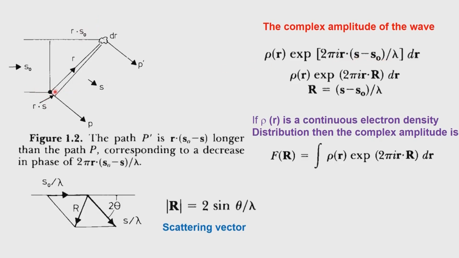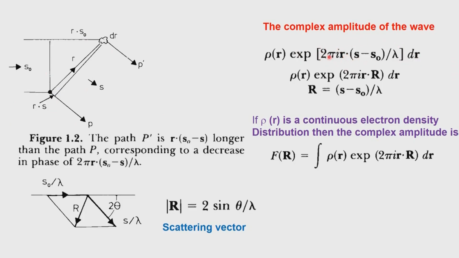So since this travels an additional distance of r dot s minus s naught, this is the additional distance. This has travelled r dot s, it goes up like that, whereas r dot s minus s naught is the additional distance. This will be the one which causes the phase change.